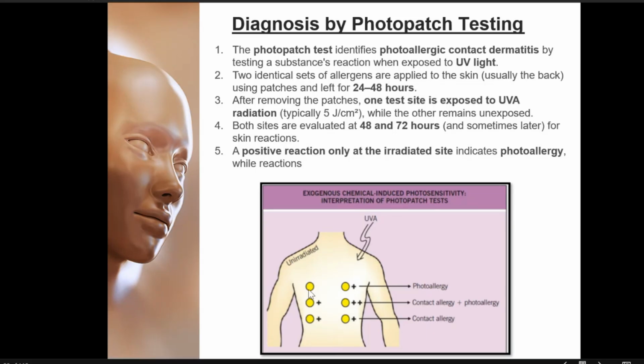So here two patches will be applied to the skin and kept for 24 to 48 hours. After application, you have to keep it up to 2 days.